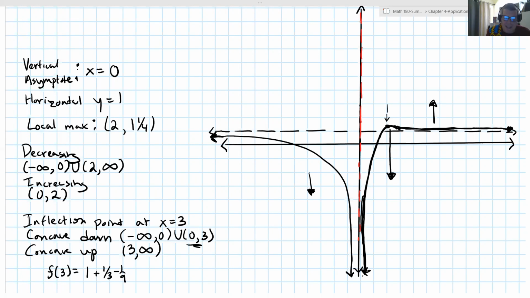So definitely tonight, because tomorrow we're going to curve sketch, you want to practice some of this: taking the first and second derivative, finding your inflection points, finding your critical numbers, determining whether the function is increasing or decreasing. It's going to play out very importantly tomorrow.